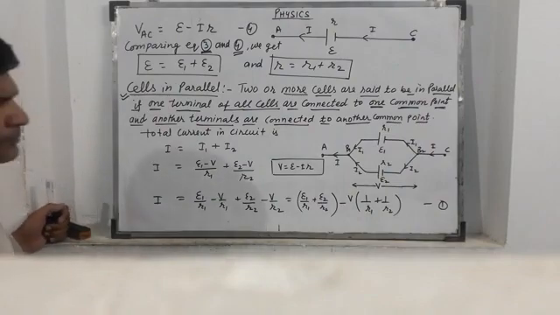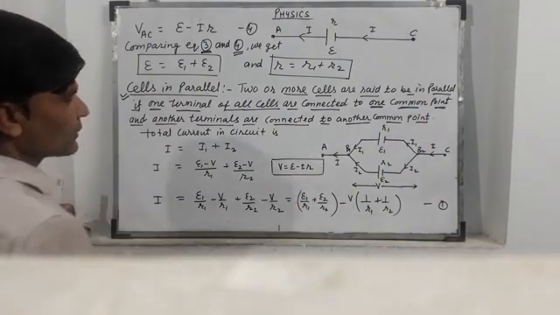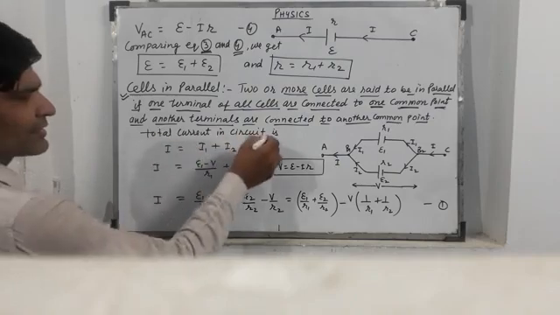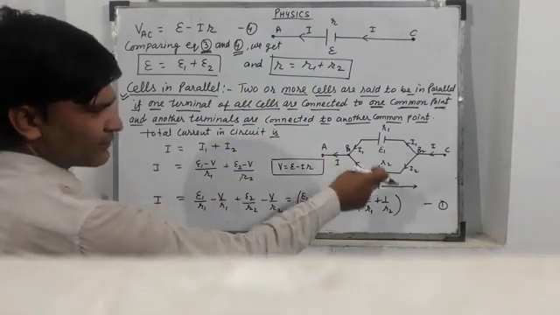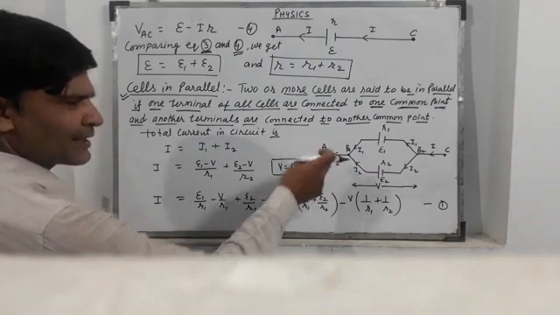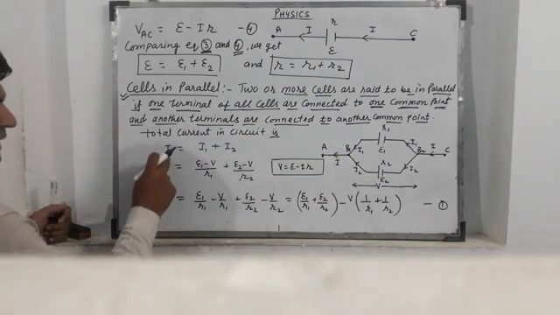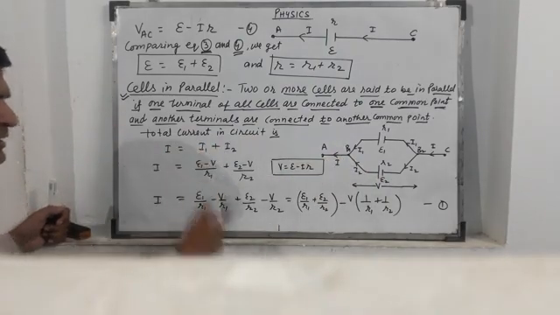Now, from the figure, the total current in the circuit is I1 plus I2, that is equal to I. So, I is equal to I1 plus I2.